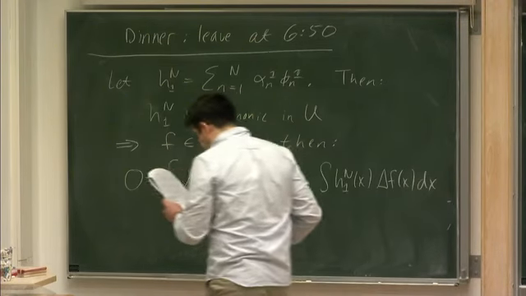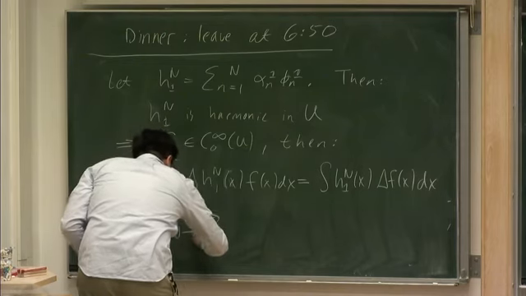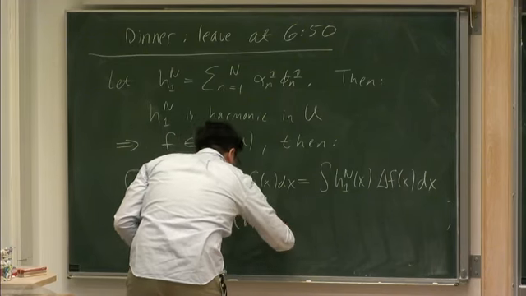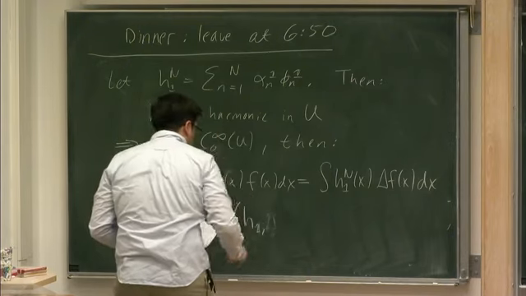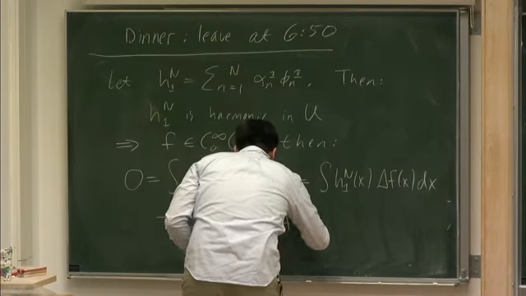And if you take a limit as n goes to infinity, this is just going to converge to the L2 inner product of h1 and the Laplacian of f. Okay.